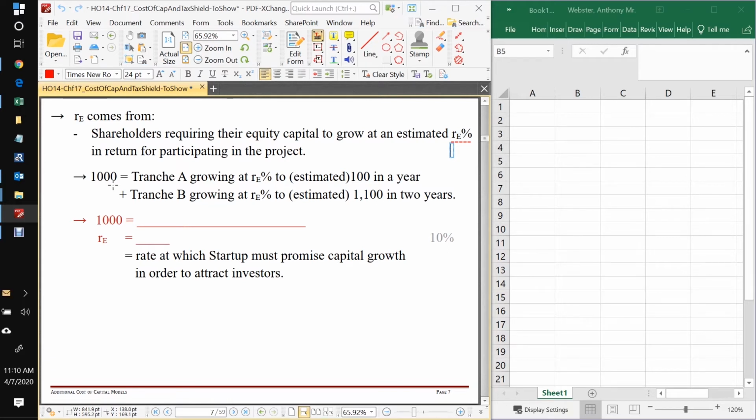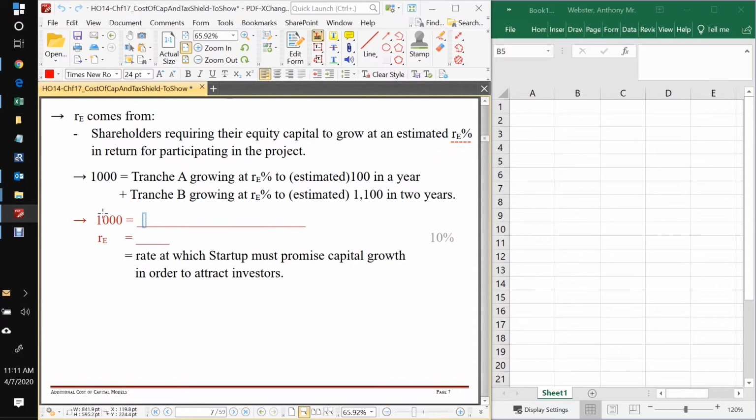They put in the 1000K now, and that's going to translate to a tranche A growing at RE% to an estimated 100K in a year, and a tranche B growing at RE% to an estimated 1,100K in 2 years. So with this knowledge of the projected cash flows, we can solve for the interest rate that equity investors are going to demand to participate in this project.